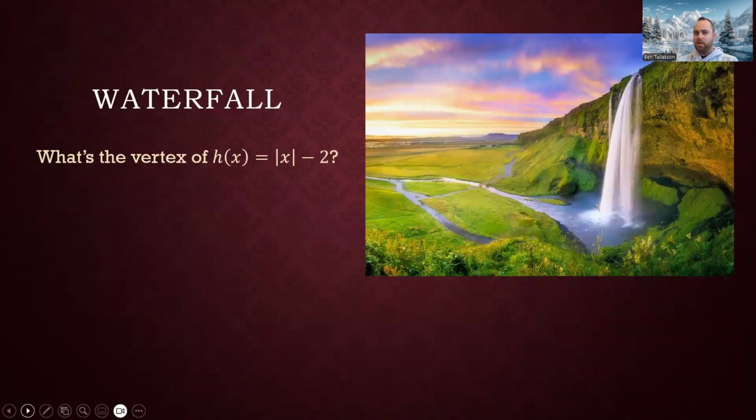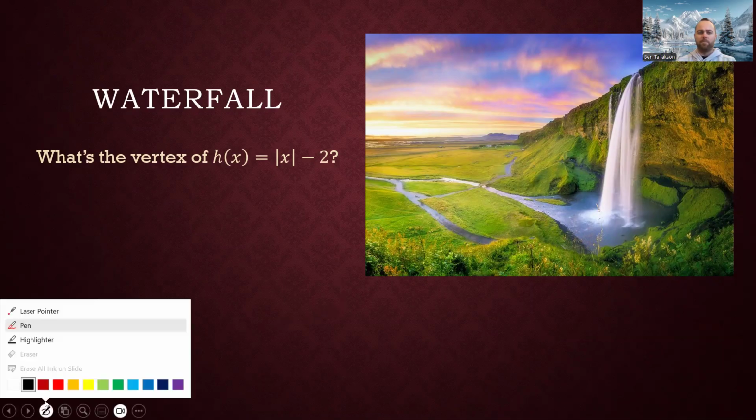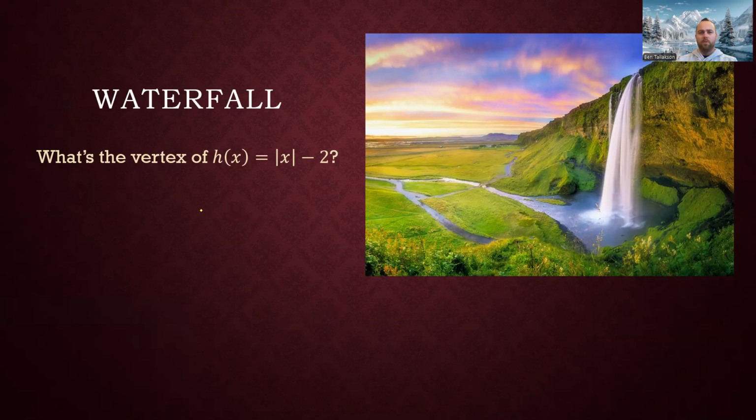Time for another question. This is about the vertex. Specifically, what happens if x is all alone in that absolute value sign? Well, your vertex is (h, v), just like with quadratics, right?